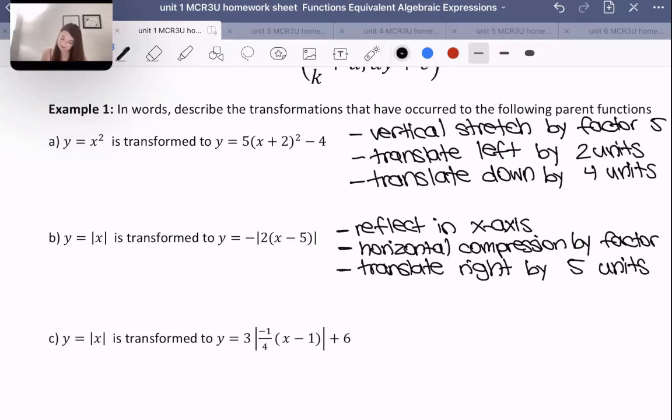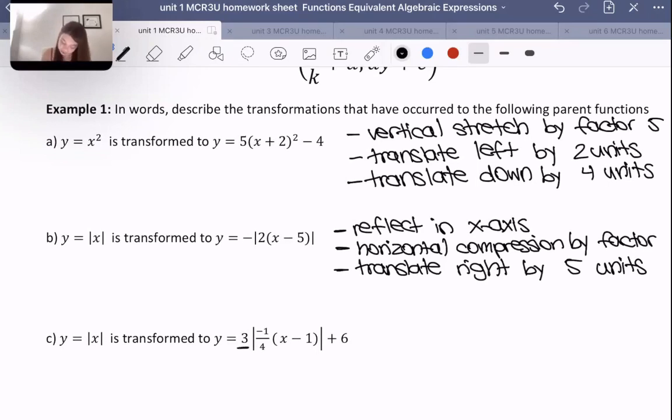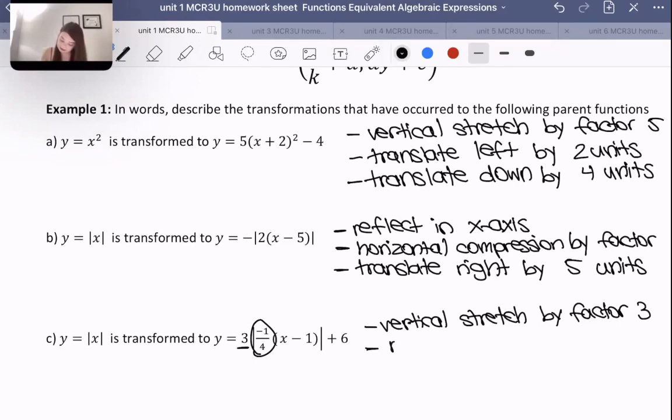Okay, so this first one here, it's not negative, so we don't need to reflect in the x-axis, but it is a 3, so we do need to do a vertical stretch by 3. Good. Then the next one here, we have negative a fourth. Negative means reflect in the y-axis, so I'm just going to get that out of the way.